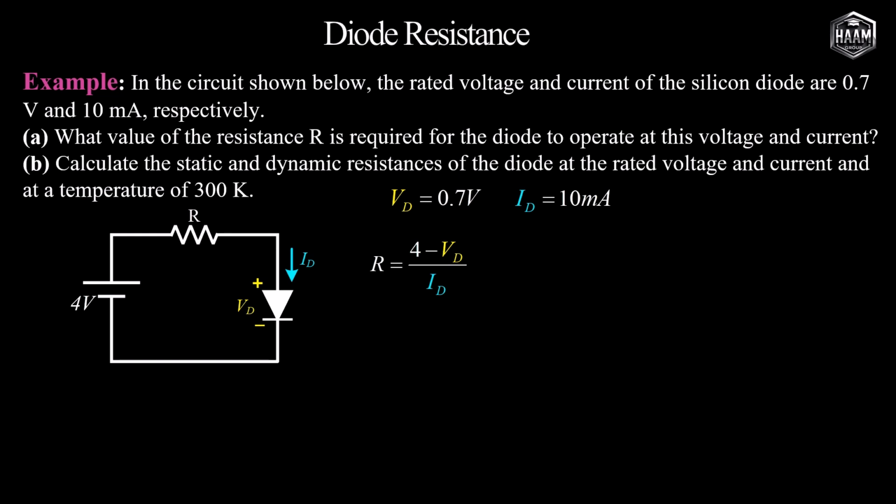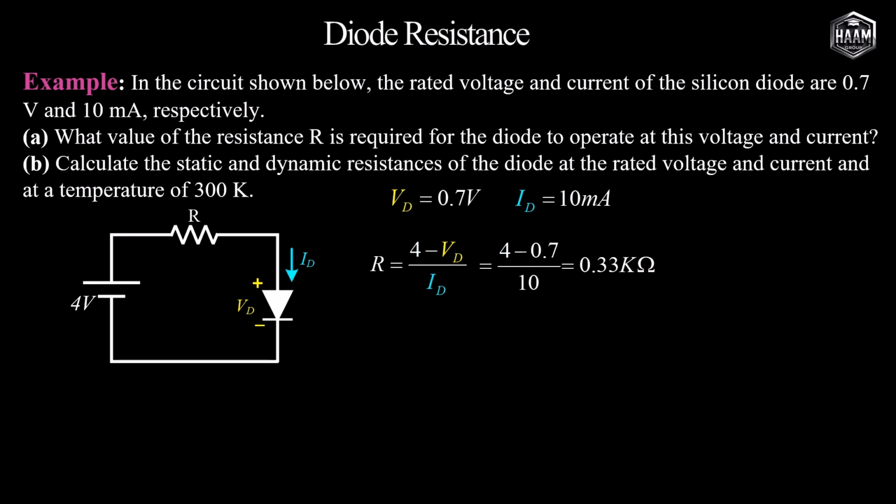Let's solve. A. With KVL, we have the unknown R equals (4 minus V sub D) divided by I sub D, and we obtain the unknown R equals 0.33 kilo ohm.